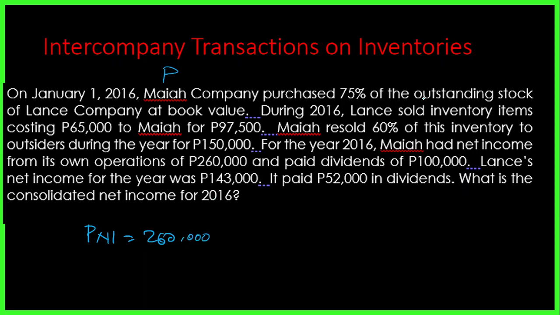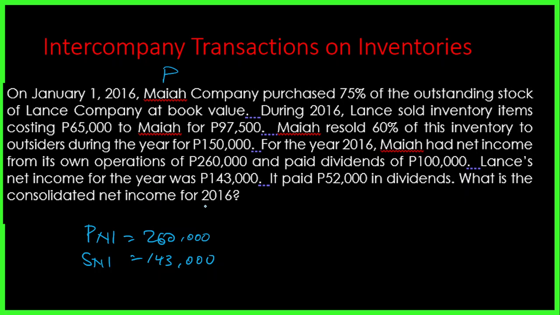Next. Outstanding stock of Lance. Kailangan din natin yung net income ni Lance, which is, in this case, 143,000. Aside from that, yung mga adjustments natin for the deferred gross profit and realized gross profit.